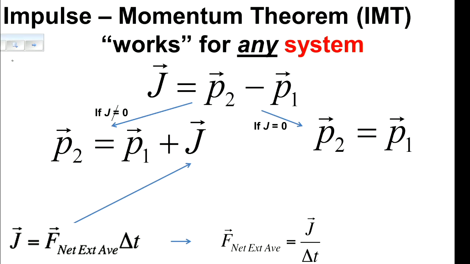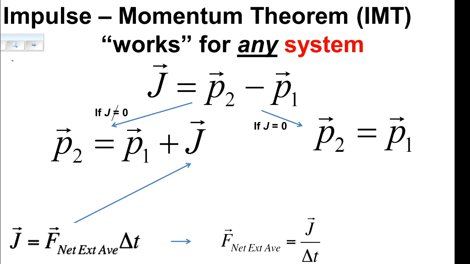How do we use it? Well, sometimes this equation becomes very convenient when we need to understand what's happening to the object. So we rewrite this law. If we know the initial momentum and we can calculate or measure the impulse, that gives the final momentum.